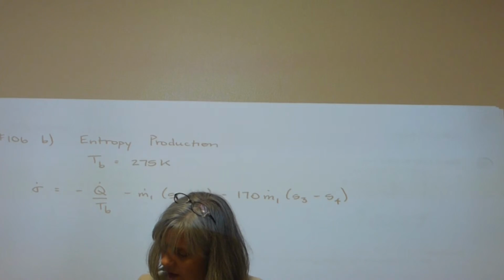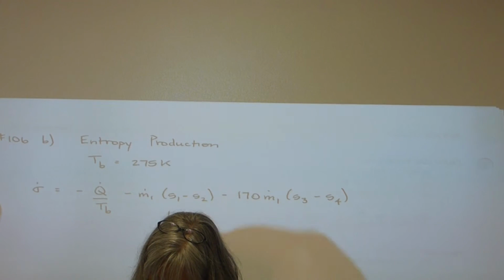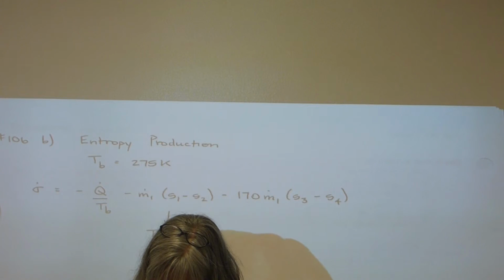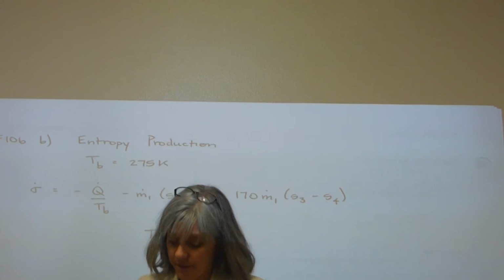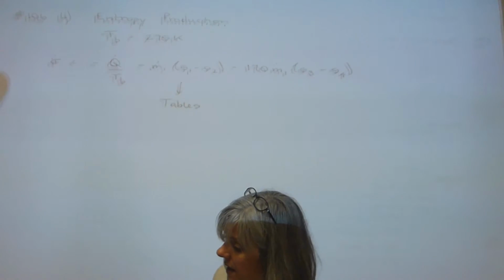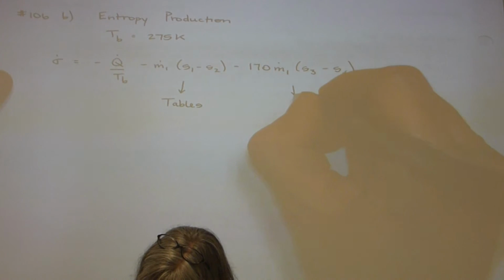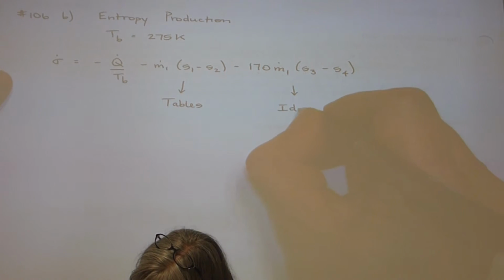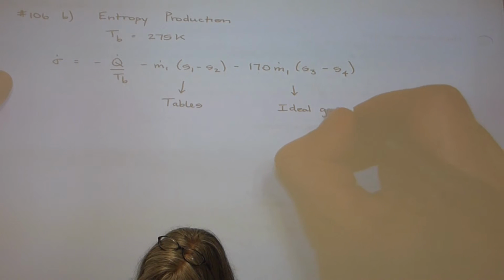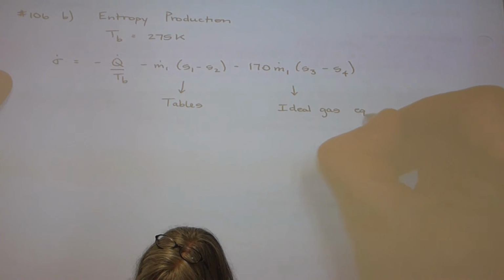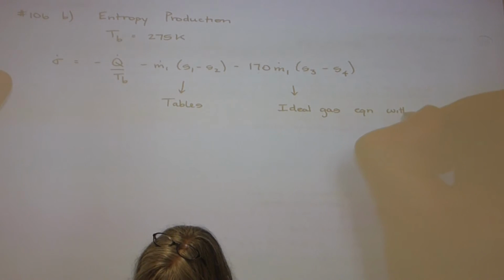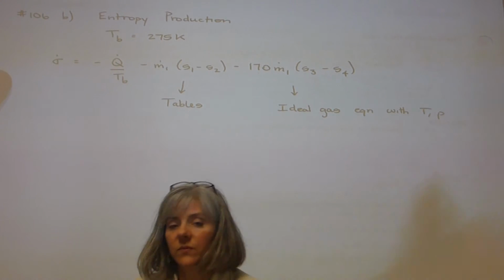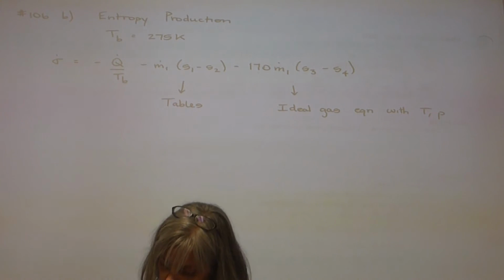All right, so what do I know? I'm going to use this one for water from the tables, because I have steam tables. And then for this one, we're going to use the ideal gas equation. And that one's going to have temperature and pressure. So we have all the components we need for that.